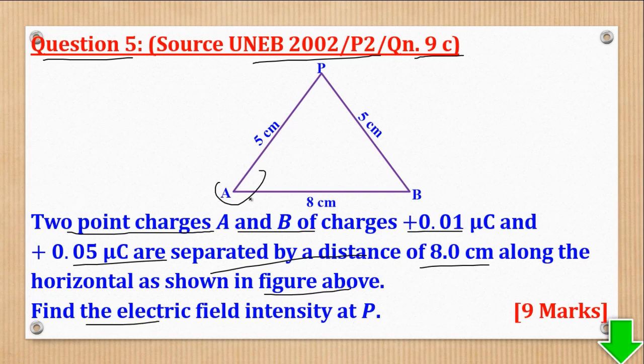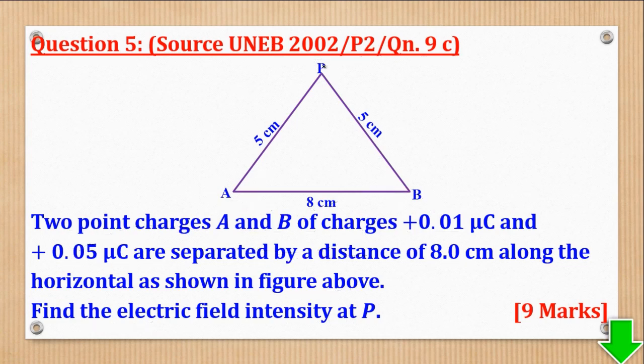So they put a charge here which is this and a charge here which is this, and they want intensity at P. Now because it is a diagram, we have to redraw.